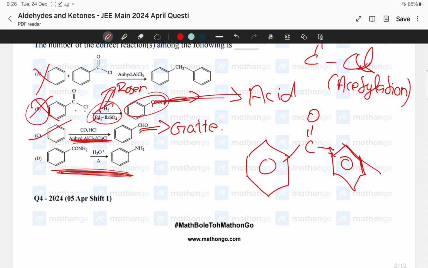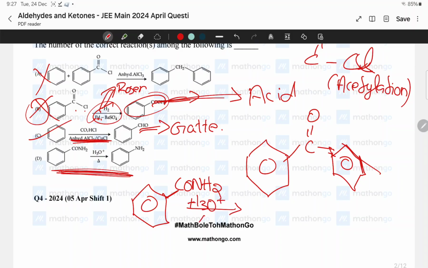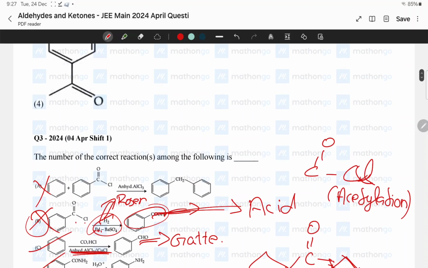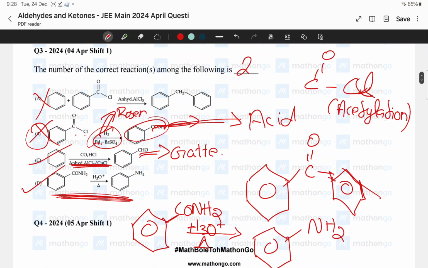So now the last one, hydrolyzing of amide. You know that hydrolyzing amide will give us amine. That's there in the amines chapter. This is also correct, so the number of correct reactions is 2.